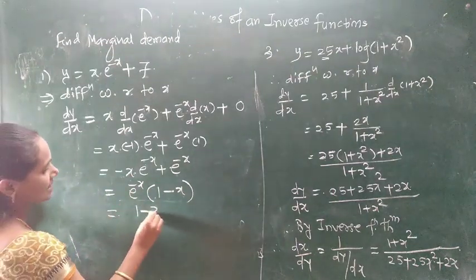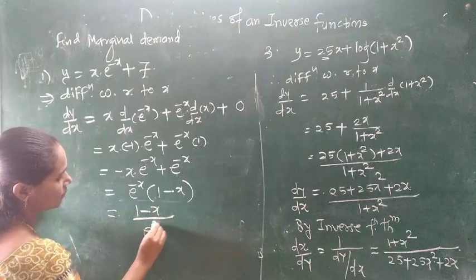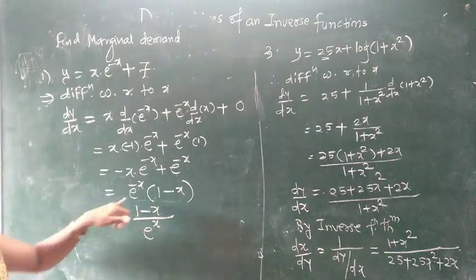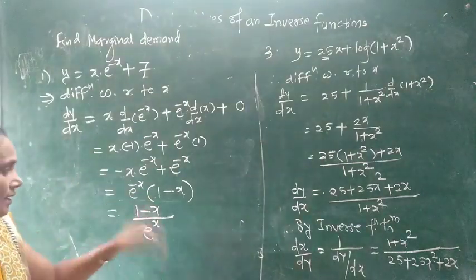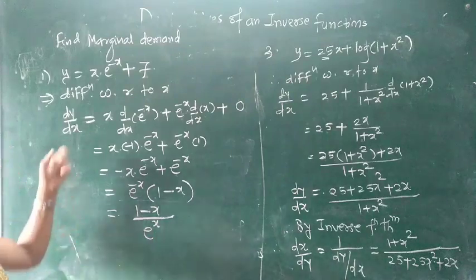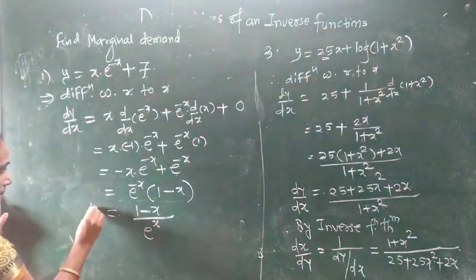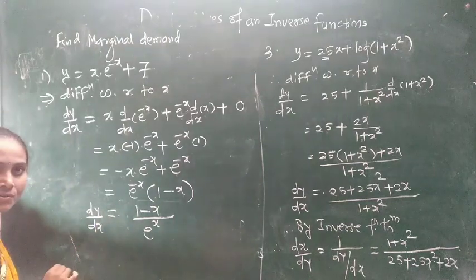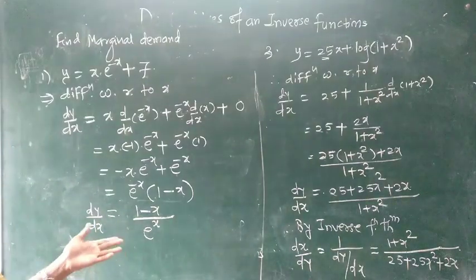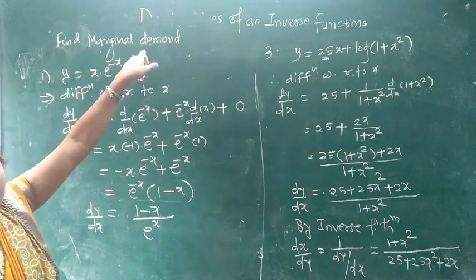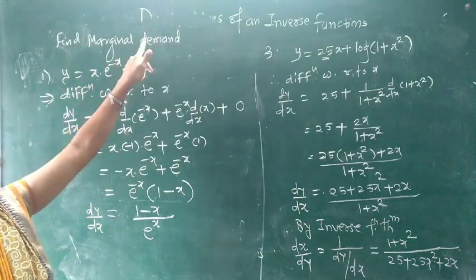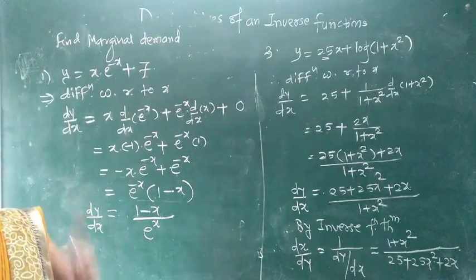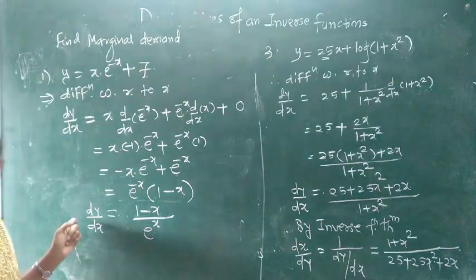This can be written as 1 minus x upon e raised to minus x. Here the index is negative, so in the denominator it becomes positive. So dy upon dx is 1 minus x upon e raised to minus x. So what do you have to find here? Marginal demand. And we know that marginal demand means the rate of change of demand with respect to price, that is dx upon dy.